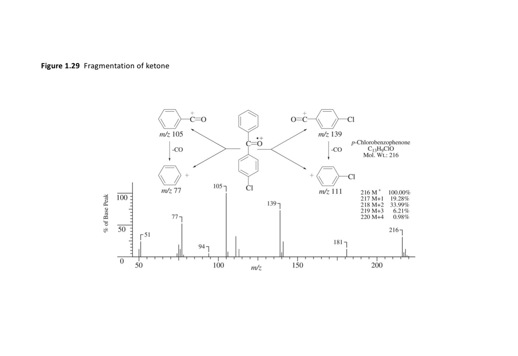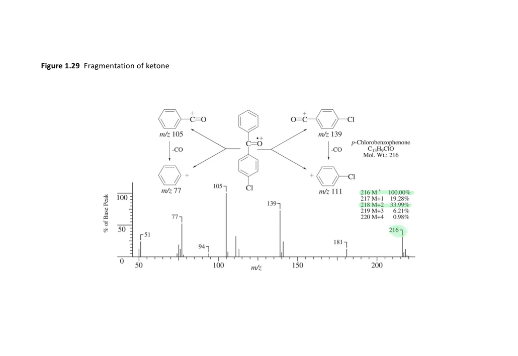For the diaryl ketone with one chlorine, the molecular ion has the distinctive pattern of chlorine 35 and chlorine 37, as well as a small contribution from carbon 13 in the molecular ion peak.